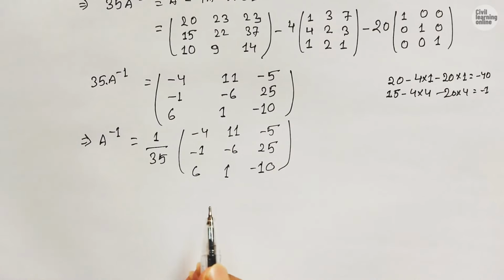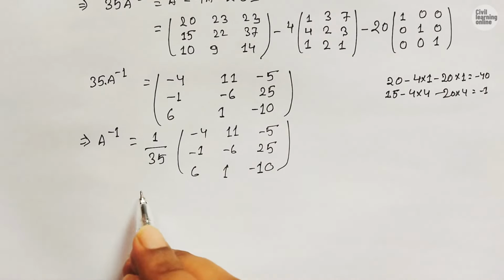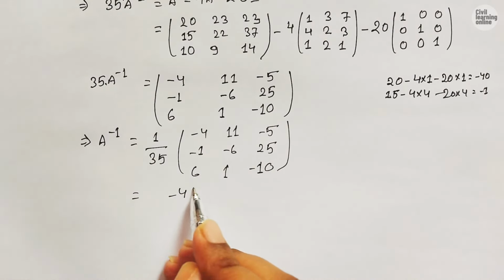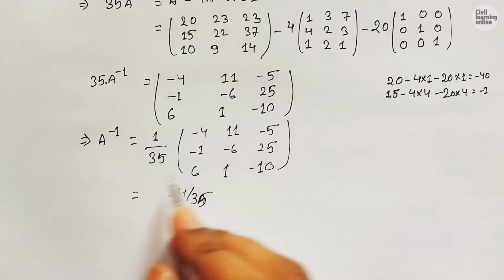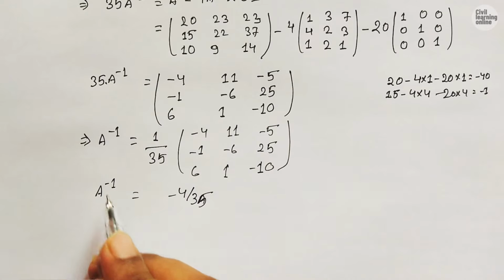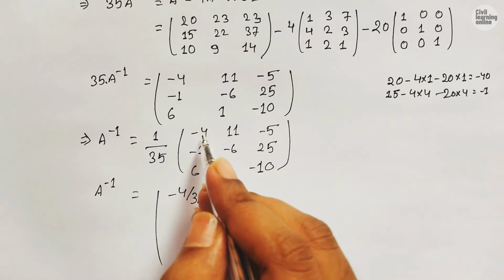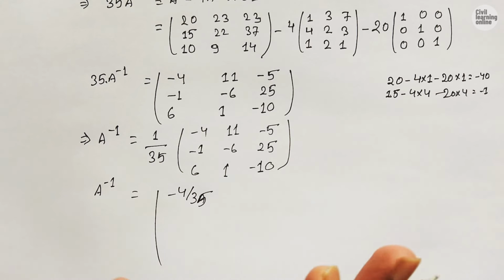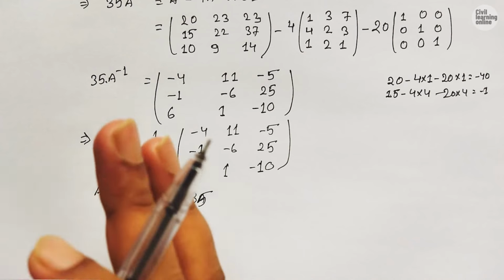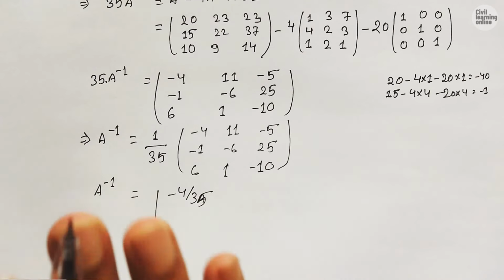On dividing this we will get minus 4 upon 35. You can leave it up to here also, or you can do one more step, that is divide each and every element by 35. Like in multiplication we multiplied each element with the number lying outside the matrix, for division also we will do the same.